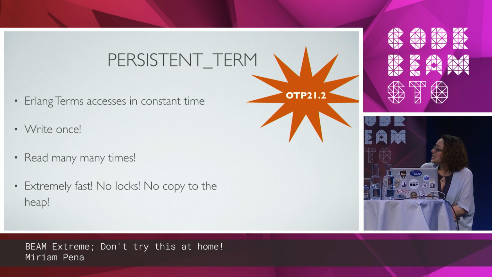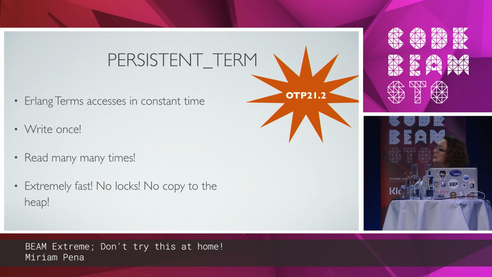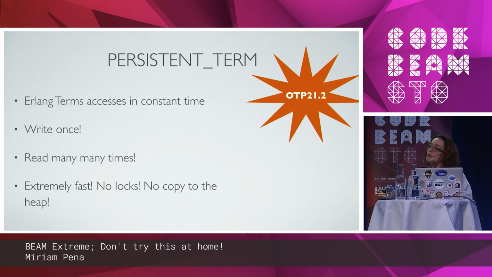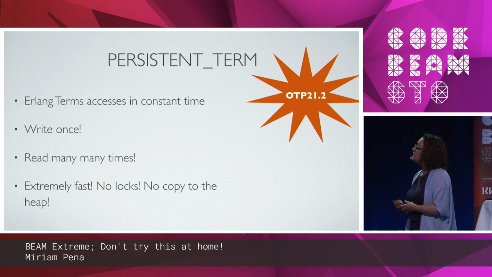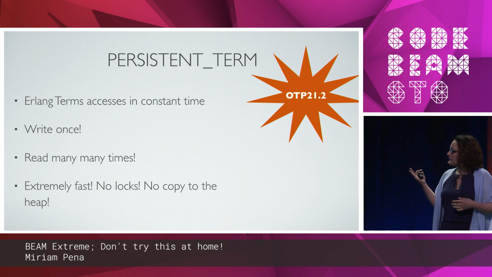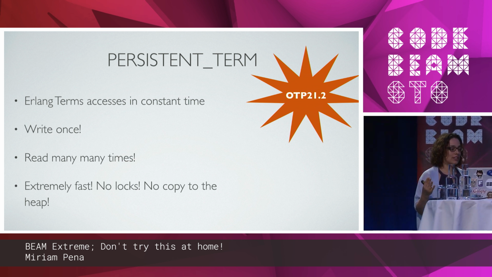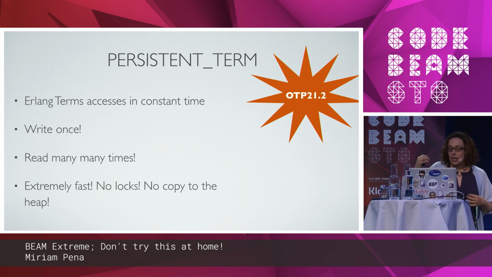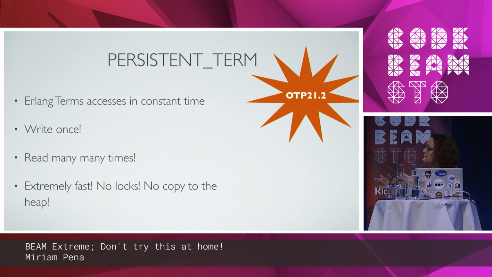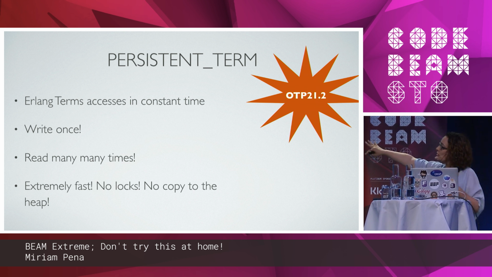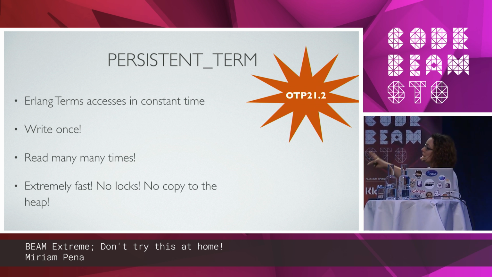The idea is you have a piece of data that you're going to write just once, or once in a long time, like days, and you're going to read it very, very frequently. If you need it to be fast, with no locks, no copy to the heap, you can use this module called persistent term for that, and that will be extremely fast.